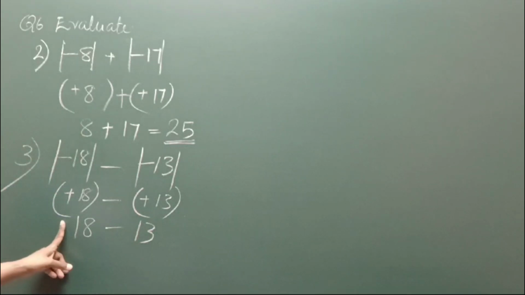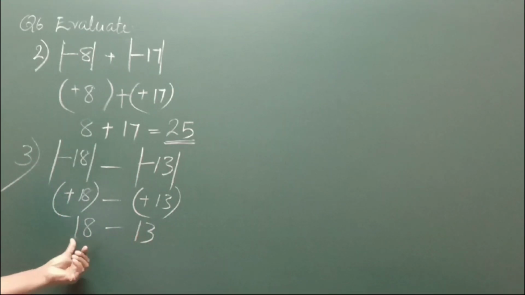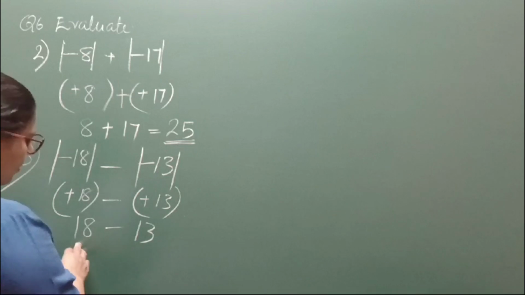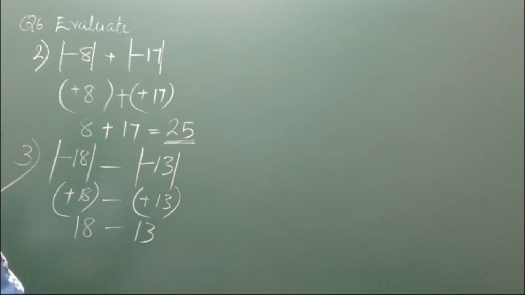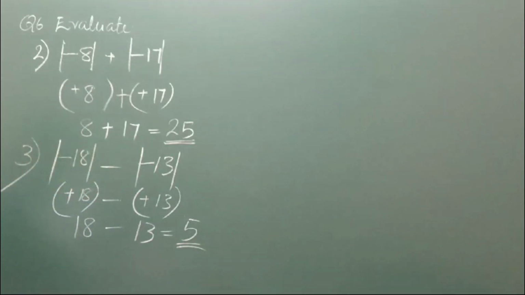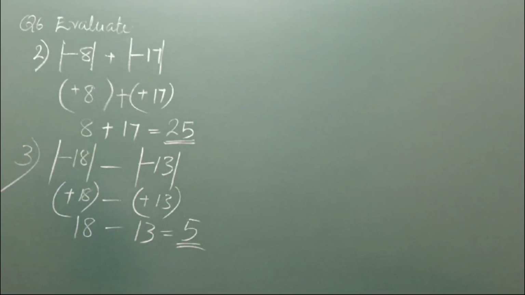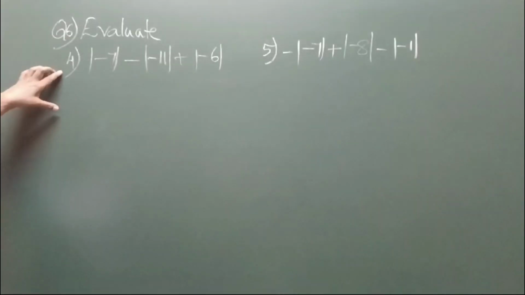So this is plus 18 and minus 13. So 18 minus 13 is equal to 5. This is our answer. Next question is question number 4.